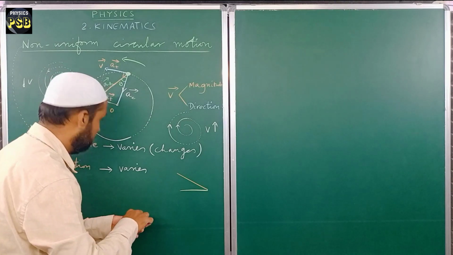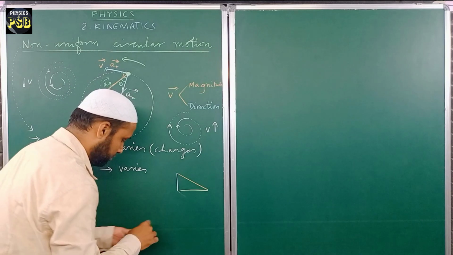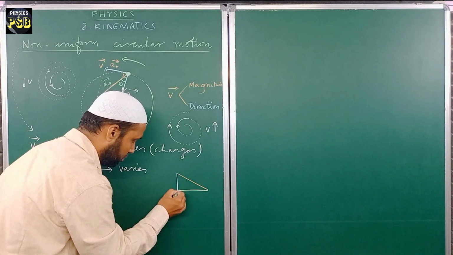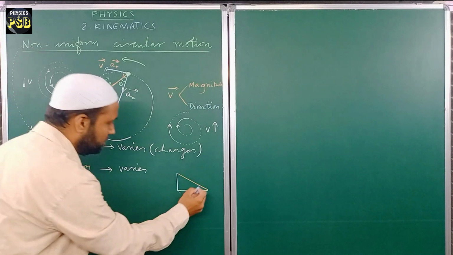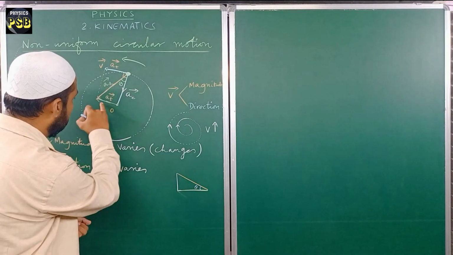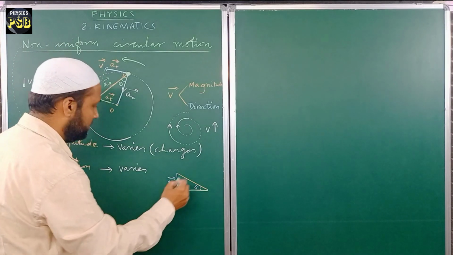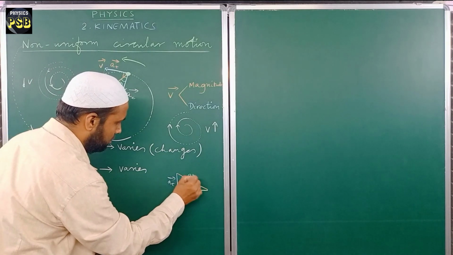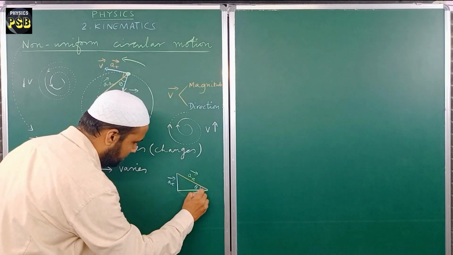Let's go ahead. Here is theta, and what is the value here? That is AT vector, and this is the AR vector, and this is the AC vector.